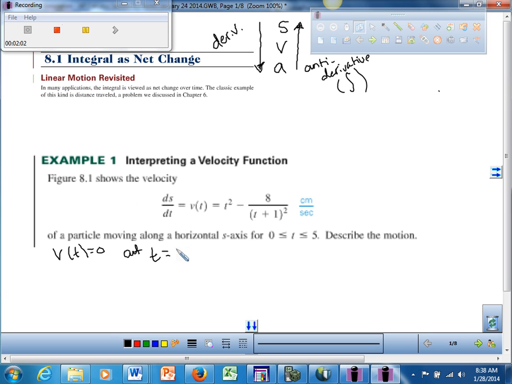Louder. 1.25. One more? Okay, 1.255. All right. And to the left of that 0, is my velocity function above or below the x-axis? It is below. We've got something that looks kind of like that.